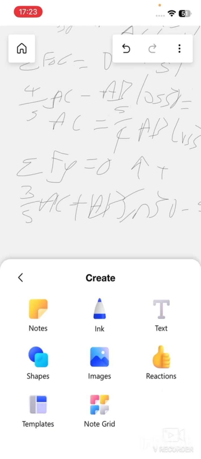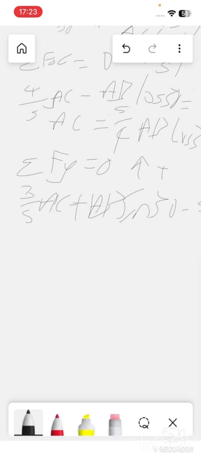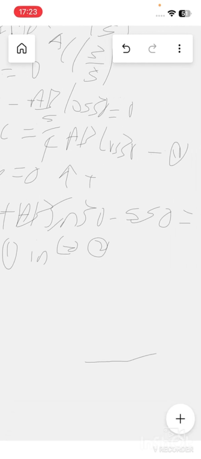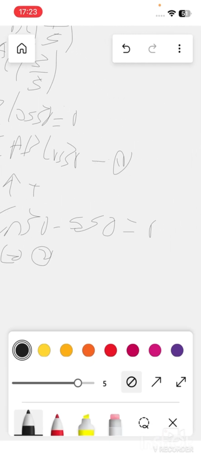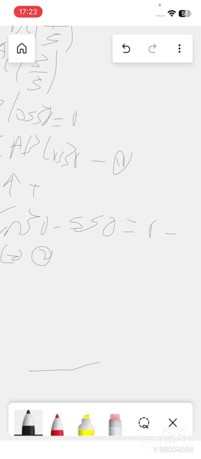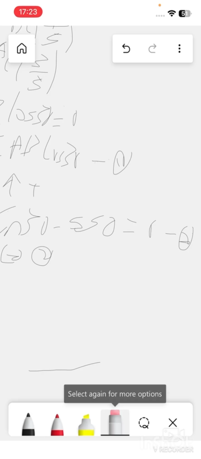Therefore, let's substitute equation 1 into 2. But we need to show this is equation 2. Fine. Okay.